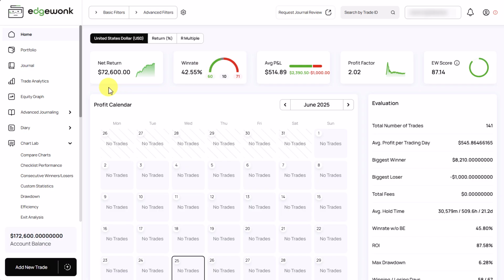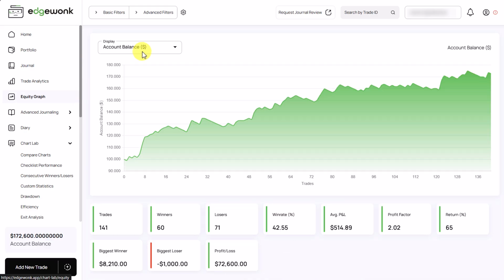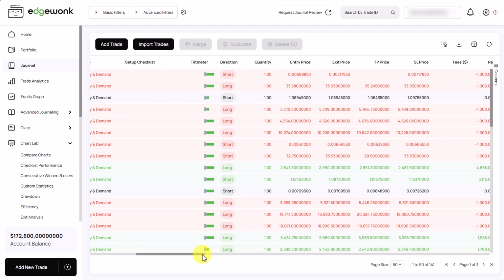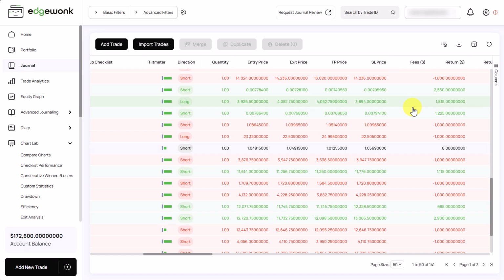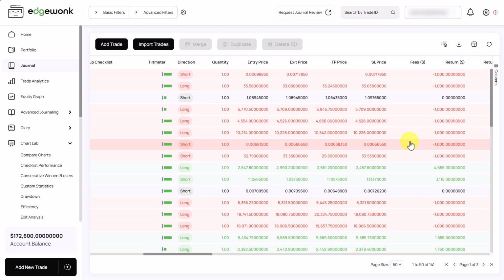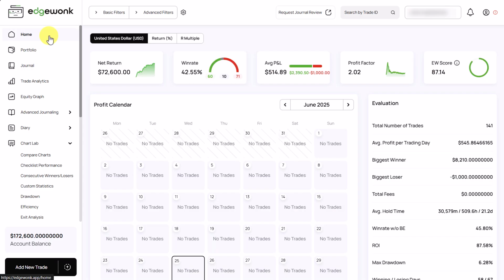So that's looking good. Another thing that we need to understand when we take a look at the return is transaction fees. Was this even figured in your backtest? When we go to the journal, you can see the fees are not calculated here. So this trader probably excluded the fees.